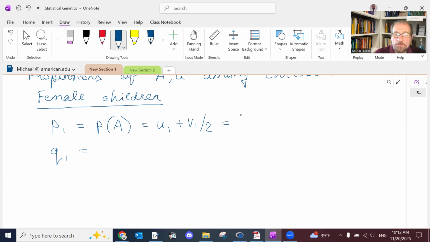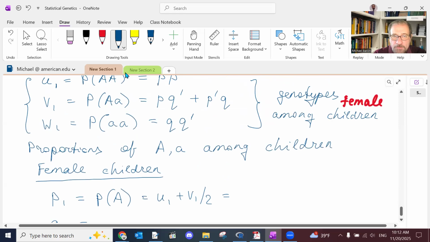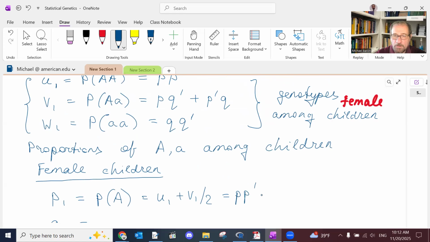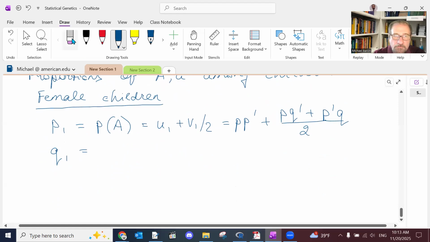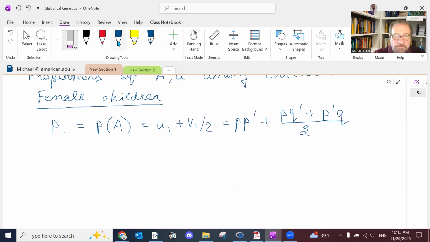So let's see, what will it be? Remember this U1 and V1. So we'll have P prime for U1, half of V1, PQ prime plus P prime Q from here, right? Over 2. Do you see how to simplify it? Let's try. I will make some room.